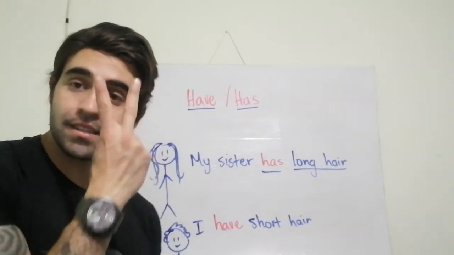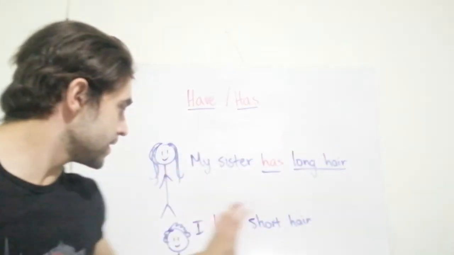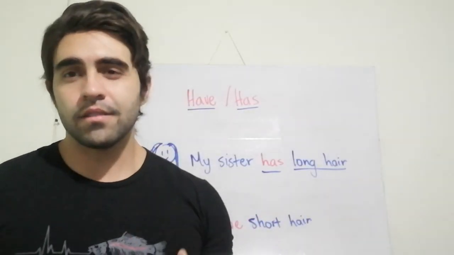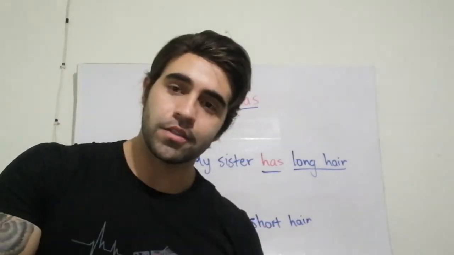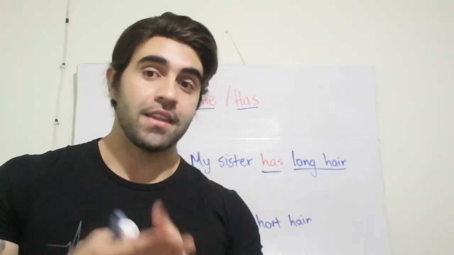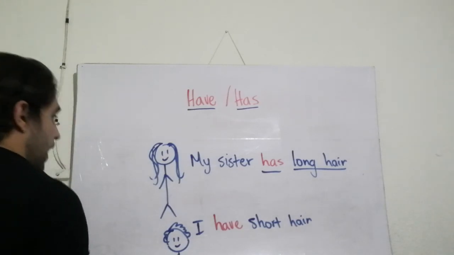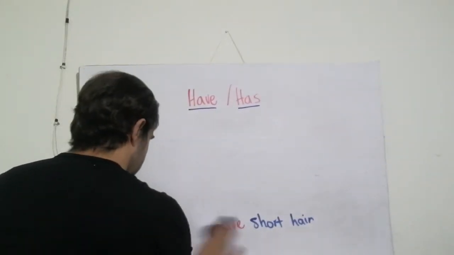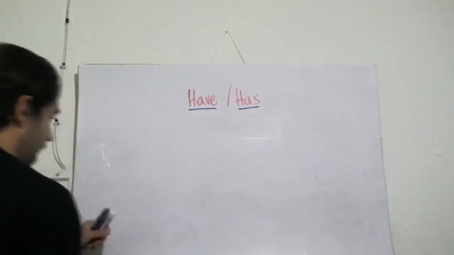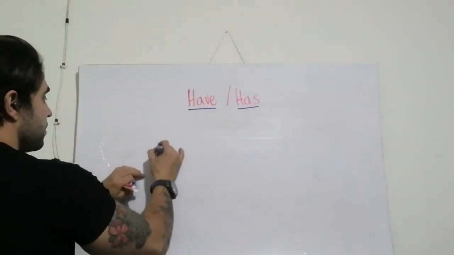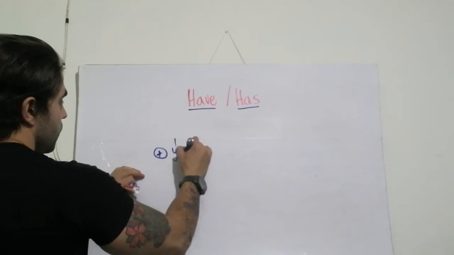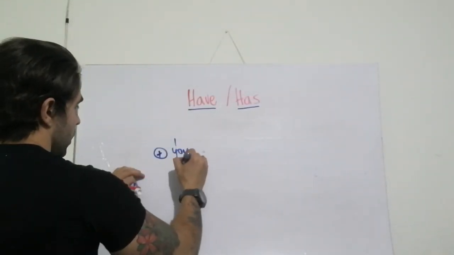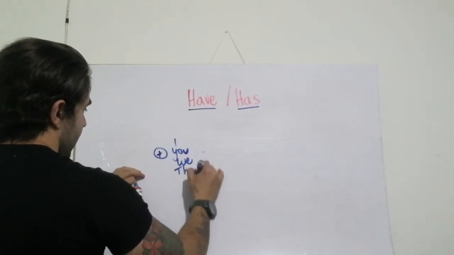Both sentences, the two sentences, this sentence and this sentence, both are in positive form. Now let's see what happens when we talk about the negative form and the interrogative form. Yeah, so I'm going to erase this and this. And we have the positive form says I, you, we, and they.